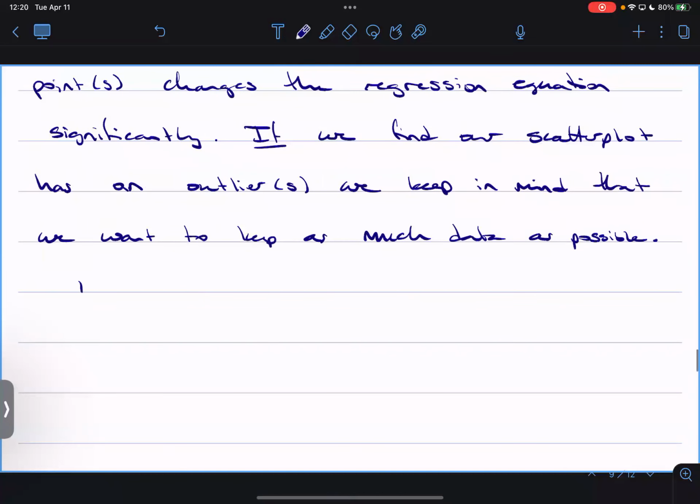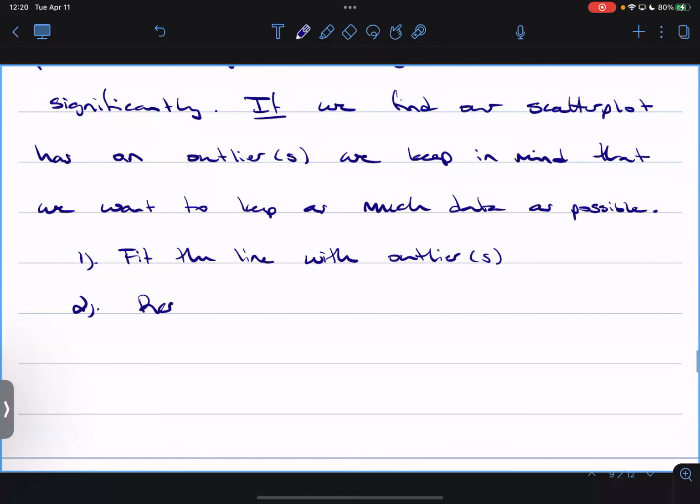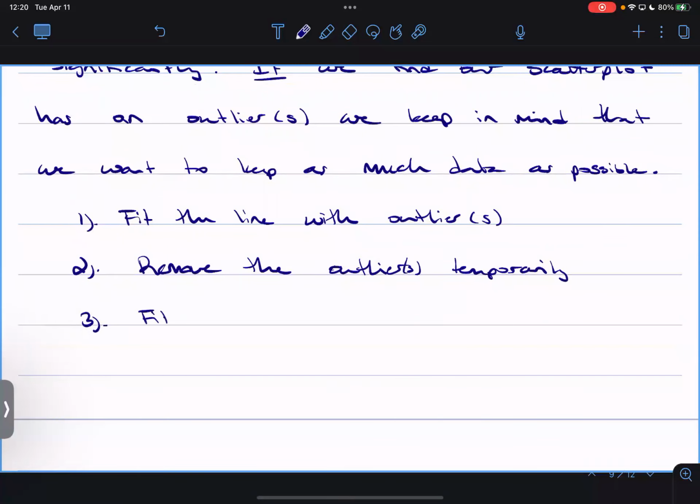First thing you're going to do is fit the line with the outliers. Then you're going to remove the outliers temporarily. Then fit the line again.